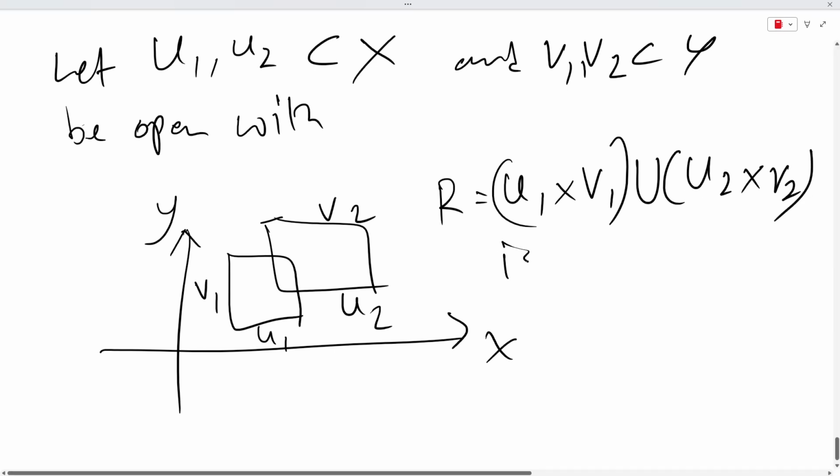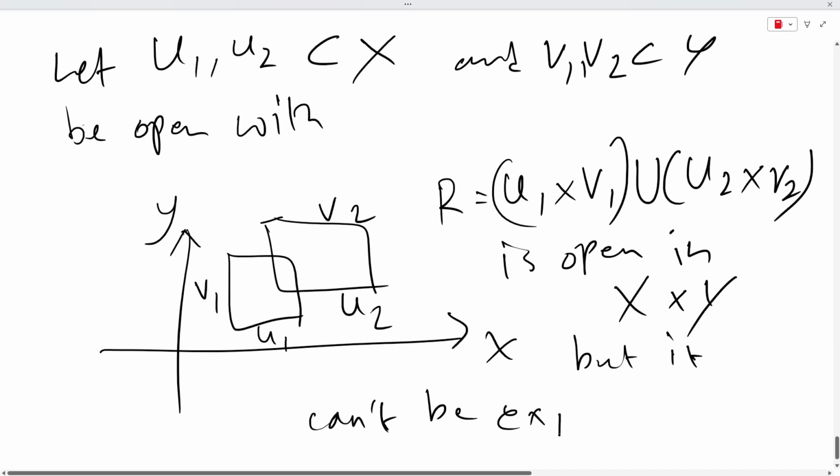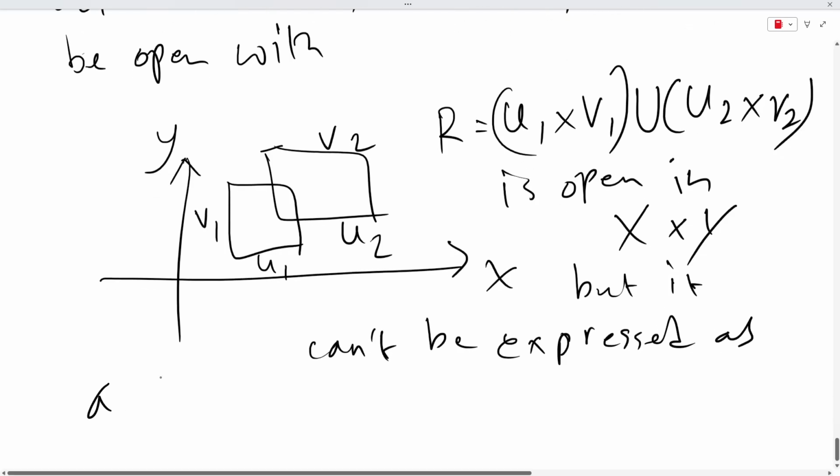This is open in X times Y, but it cannot be expressed as a single product of the form U times V.